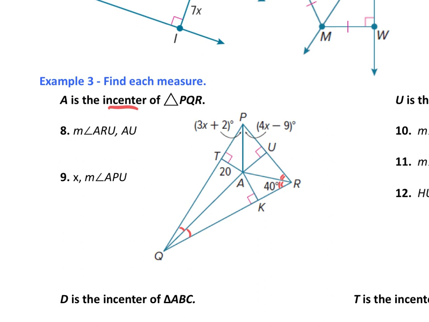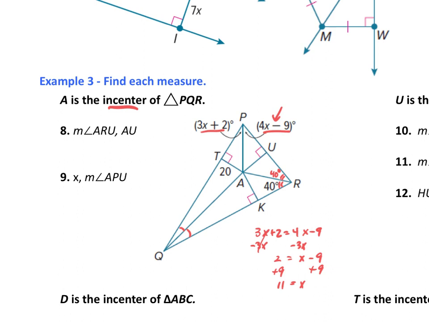With that, I should know quickly that that's 40 degrees. I should know that this angle equals this angle, so I could find out what x is. Let's solve for x. 3x plus 2 is equal to 4x minus 9. I'm going to subtract 3x from both sides, combining like terms, and I have 2 is equal to x minus 9. Add 9 to both sides, and x is equal to 11.